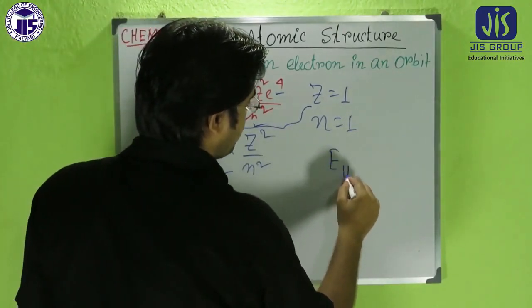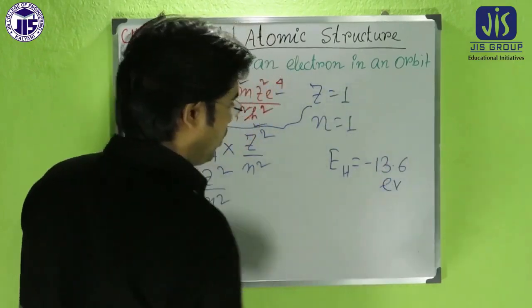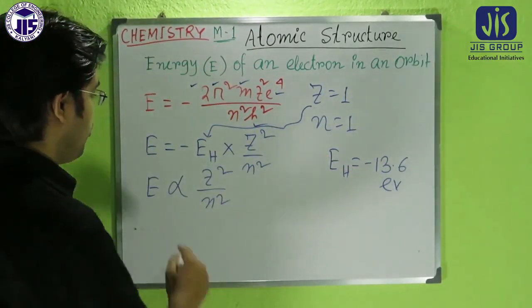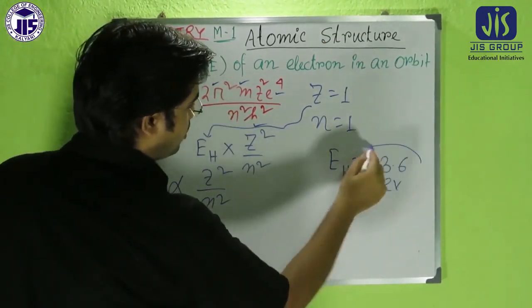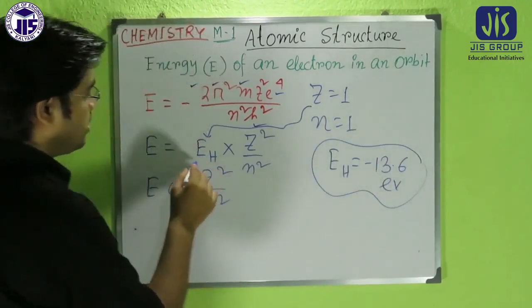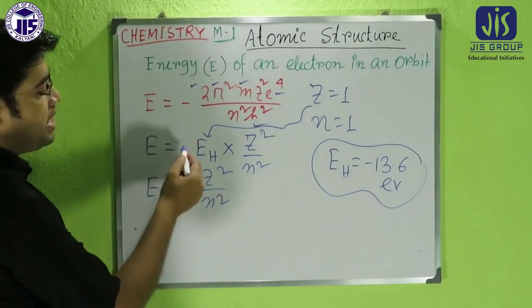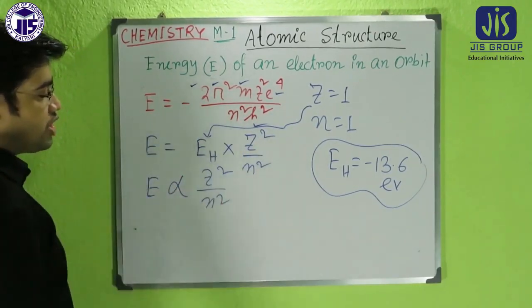You know, EH equals minus 13.6 electron volt. Obviously here the minus sign will not be added again, because that 13.6 already considers the minus sign. So E equals simply EH into z square by n square, or E proportional to z square by n square.